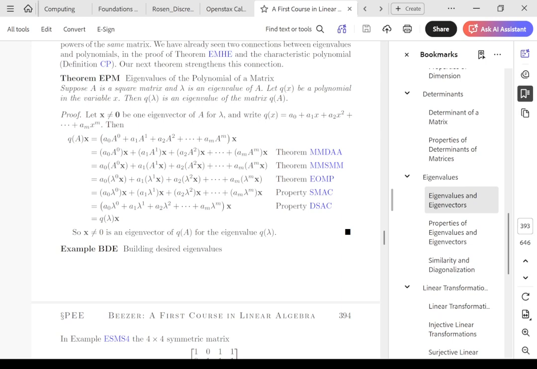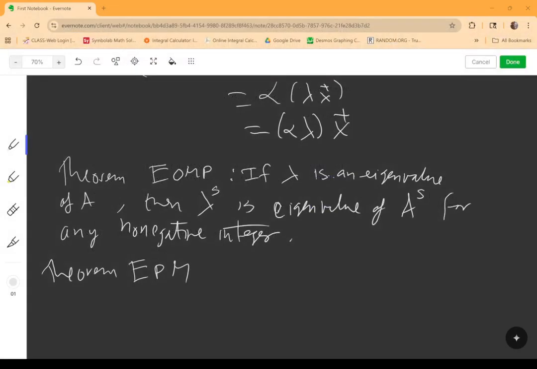And now our next property has to do with non-singular matrices. So for this one, this is theorem EIM.